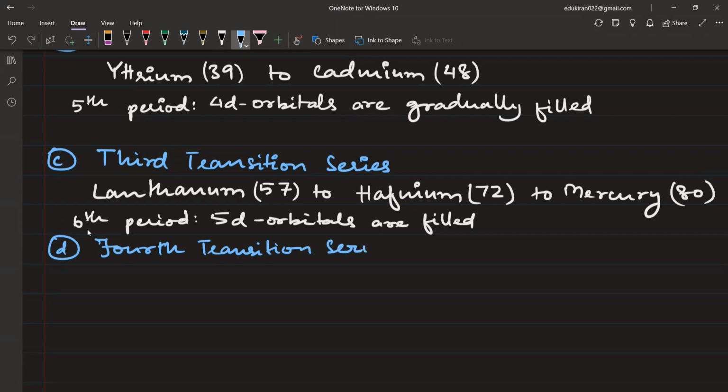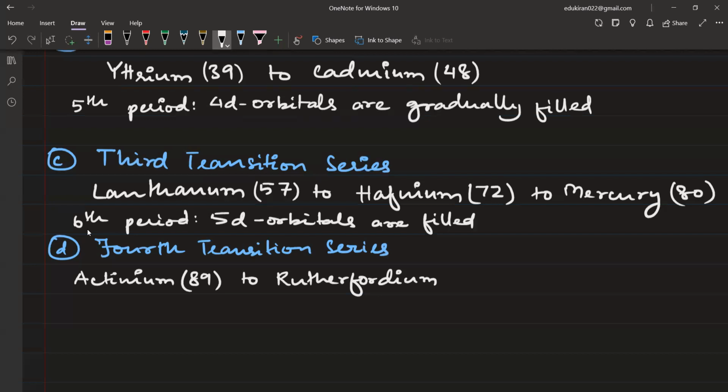Fourth transition series. It starts with actinium to Rutherfordium and then to Copernicium. Start with actinium, whose atomic number is 89, to the next element, that is Rutherfordium.